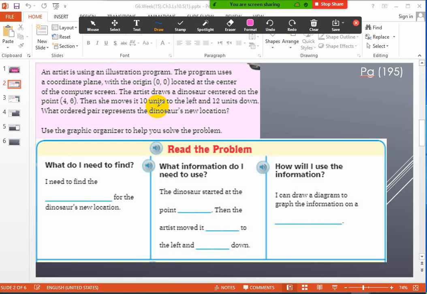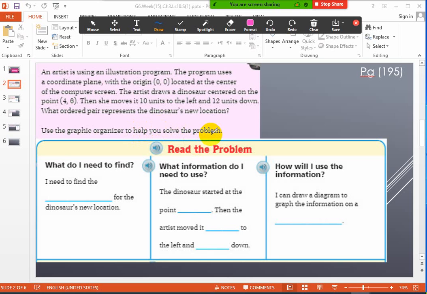So, girls, of course, it says to use the graphic organizer to help you solve the problem. That means I have to use the grid or the coordinate plan drawn on the grid because it will help you to find the new ordered pair.